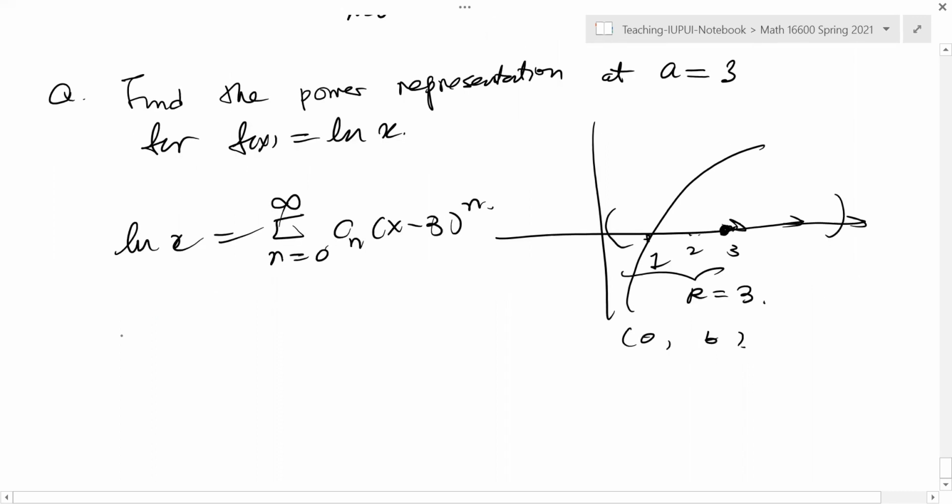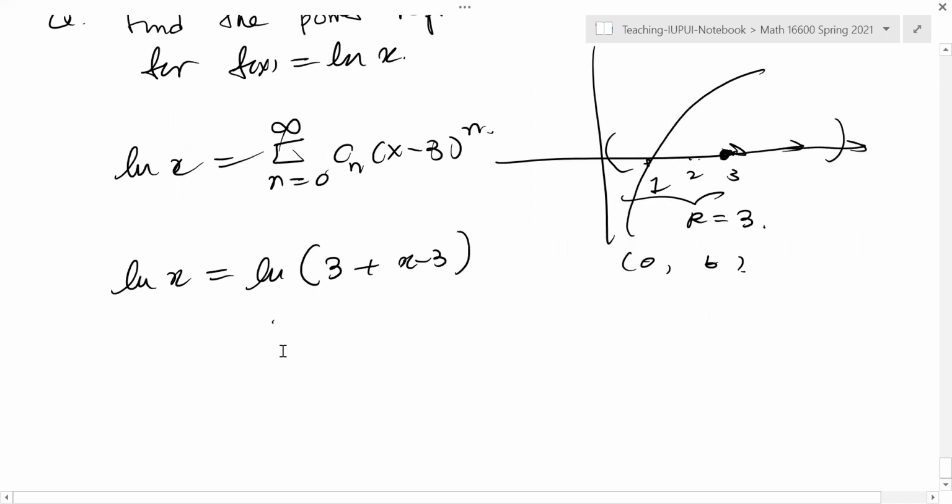Well, so I'm going to get x minus 3. So natural log of x is natural log of 3 plus x minus 3.